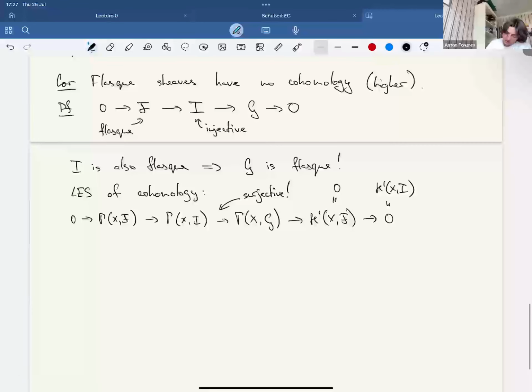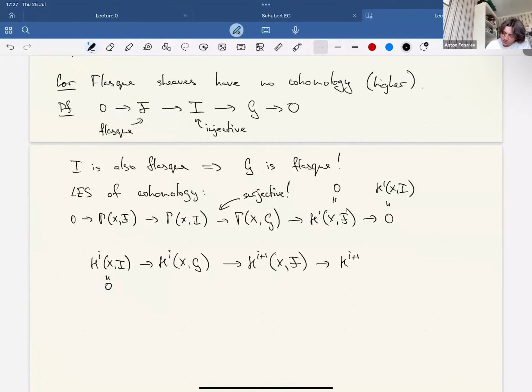But then, how does our long exact sequence look? The continuation is H^i on X of I, which is 0, maps to H^i on X of G. Then there is a connecting homomorphism to H^(i+1) on X of F. And then it goes to H^(i+1) on X of I, which is again 0. So this holds for all i greater than 0.